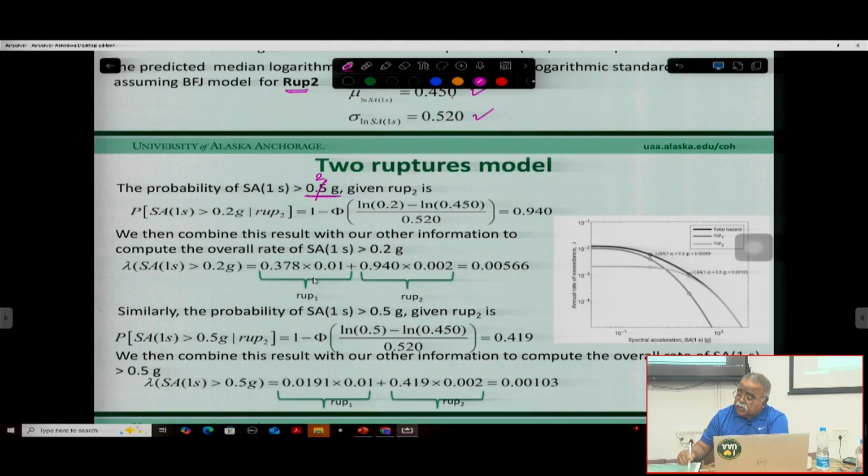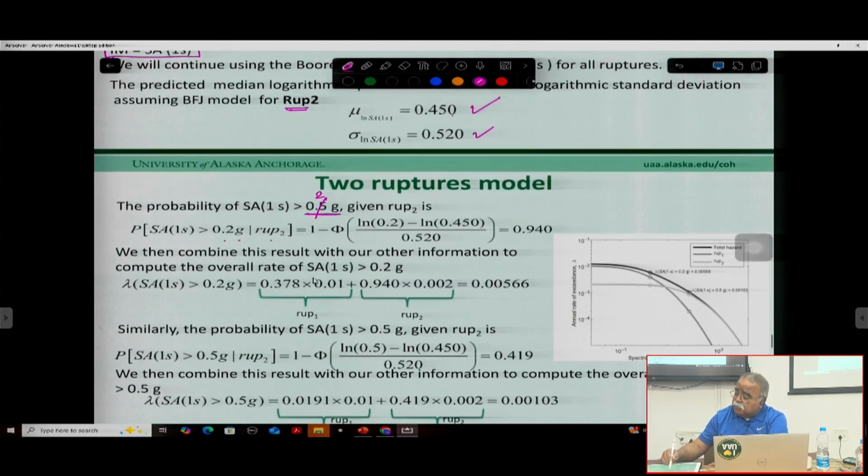So for S equals 0.2 g for rupture 2, you just put this number: ln 0.2, mu equals 0.450, and sigma 0.520. So this is 0.9401.